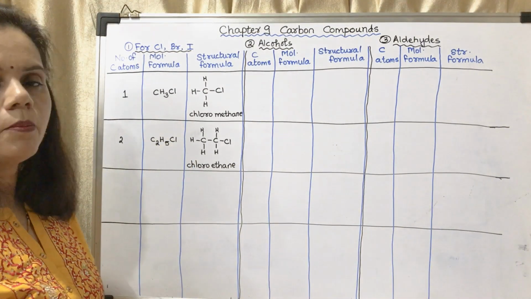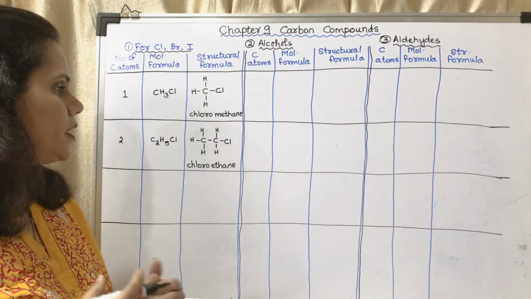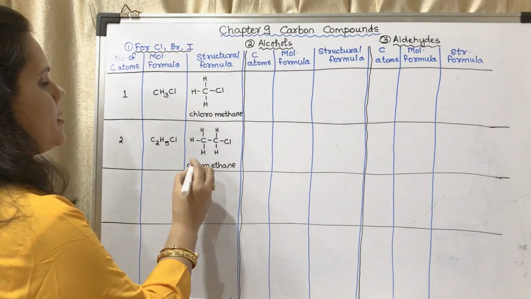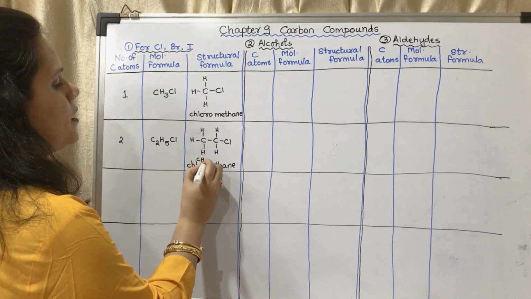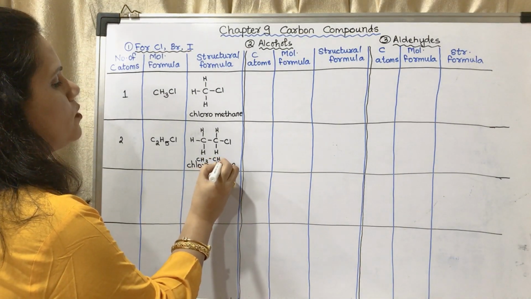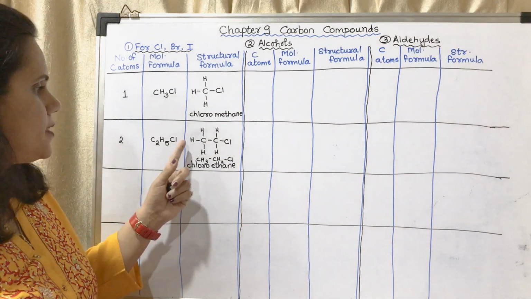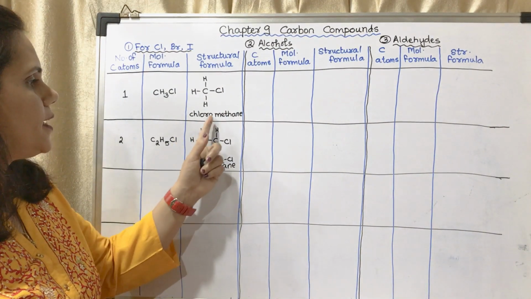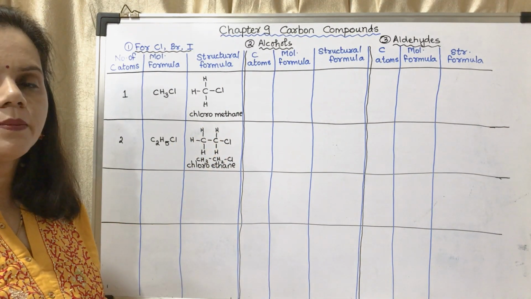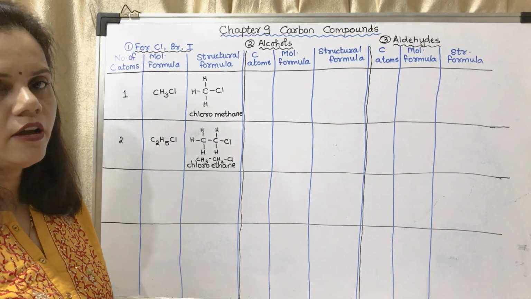This will be the molecular formula. This could be written as CH3CH2Cl. That will be the condensed structural formula.